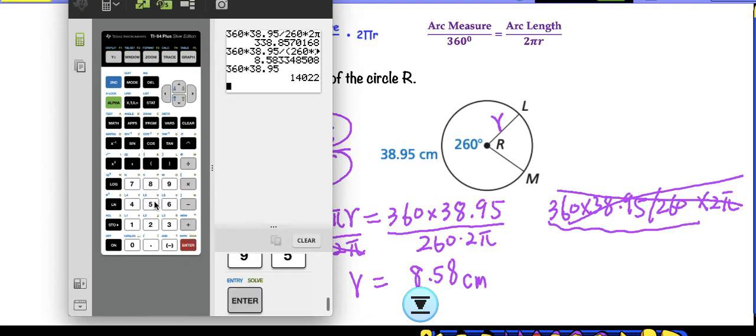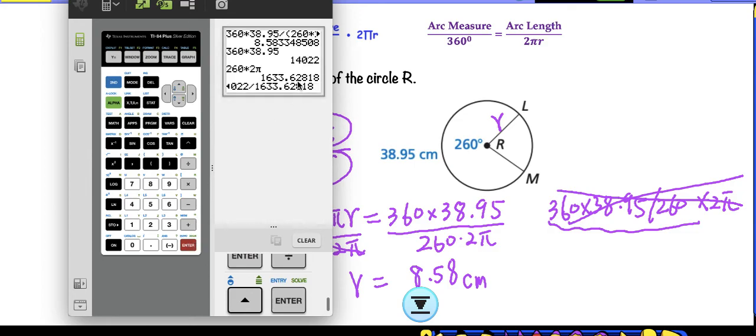And then the bottom one is 260 times, again, do not use 3.14, so always use pi. Then we have these two numbers, you can use the arrow to get this number, then divide by this number. See, this is the top value, this is the bottom value. We divide it, and you will get exactly the same thing, right?